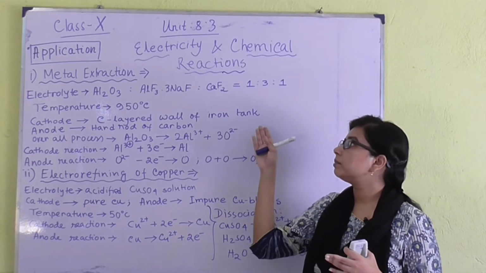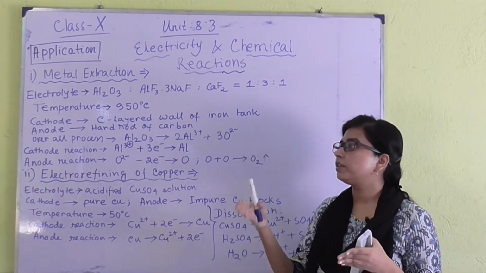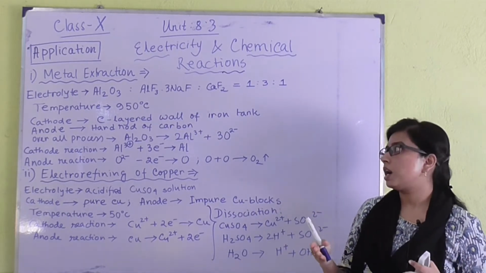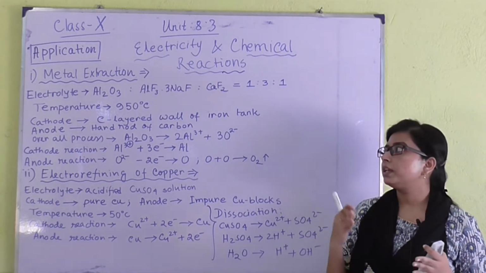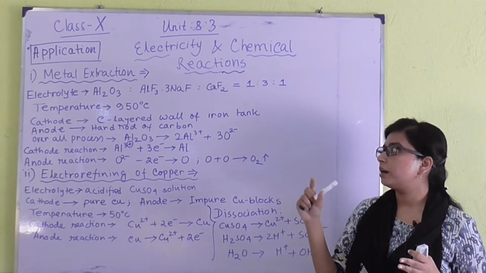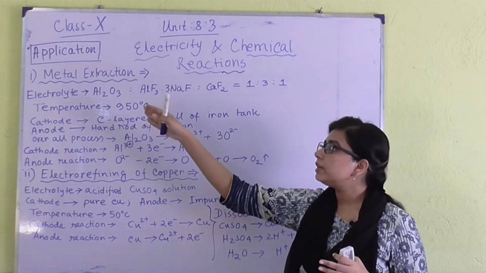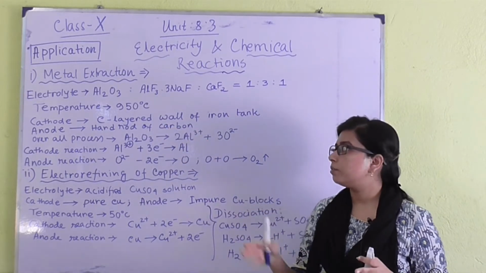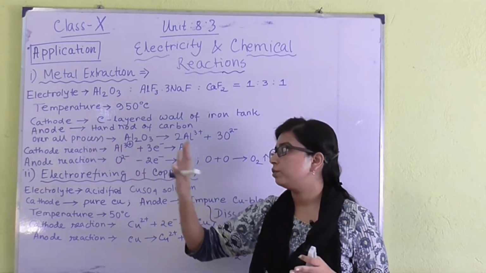So the iron tank we take to carry out the process has its inner wall layered by a carbon coat, and the layer will act as the cathode, and the hard rod of carbon will act as the anode.